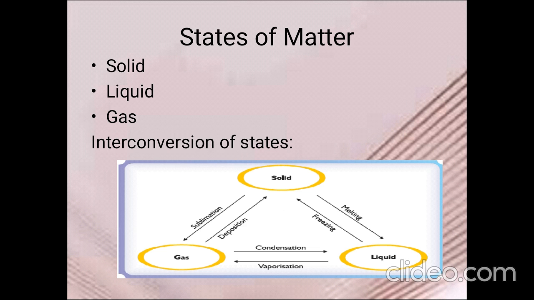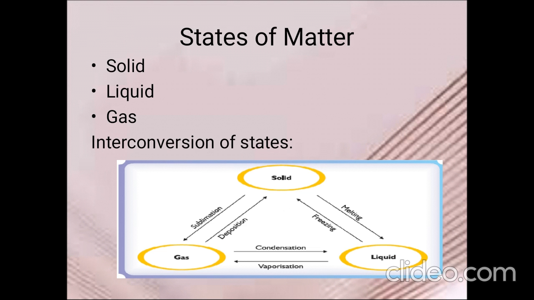And the interconversion of matter: solid to liquid, melting; solid to gas, sublimation; liquid to solid, freezing; gas to solid, deposition; gas to liquid, condensation; and liquid to gas, vaporization. These are the topics we had discussed in the earlier session, right?